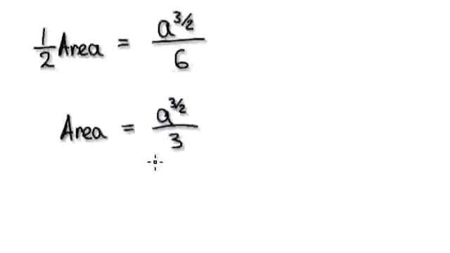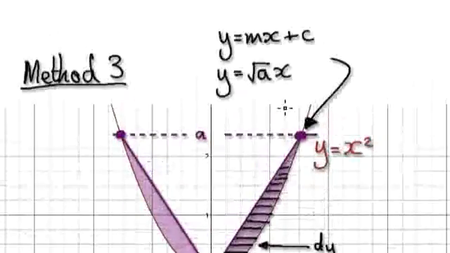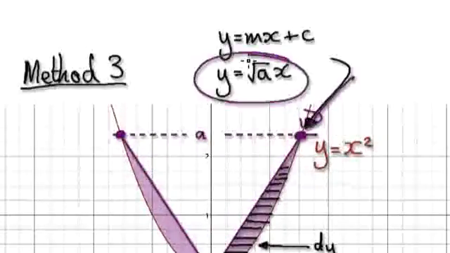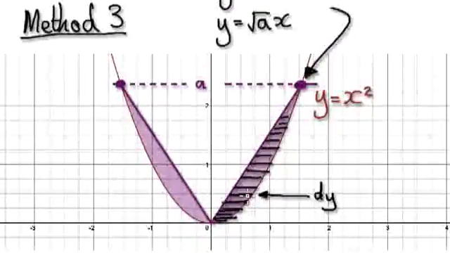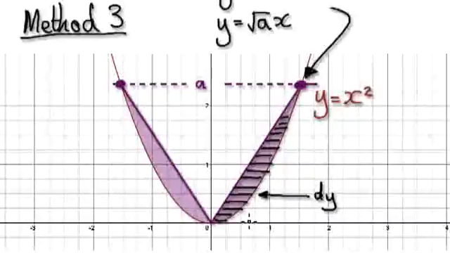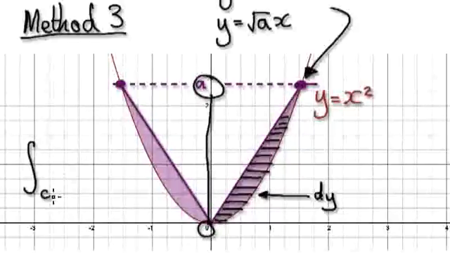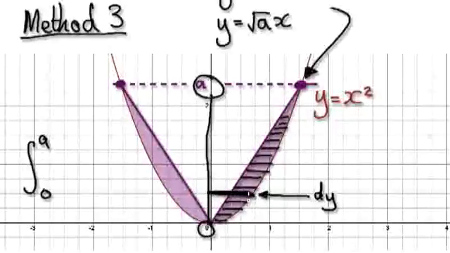The third method is to do it horizontally. So remember the equation of this straight line. The third method would be us integrating like this. The thickness of this rectangle here is dy. So doing it horizontally, we're integrating from 0 to A. And then what is the across here?